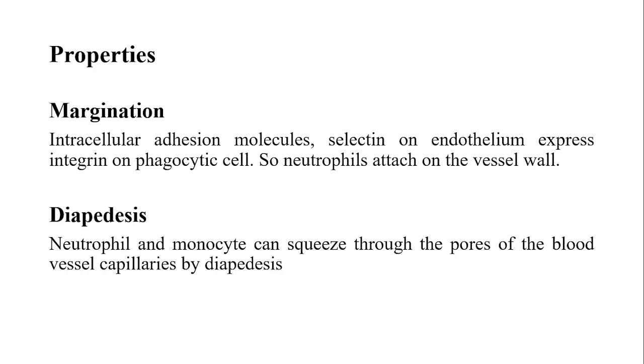So whenever they are needed at a particular destination to protect our body from various harmful substances, the first thing they do is marginate on the surface of the vessel. The next step is they squeeze through the pores of this blood vessel. This property is called diapedesis.